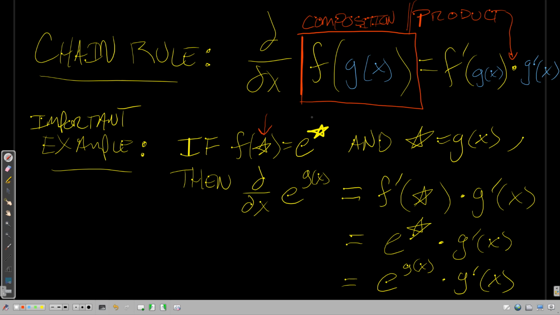So f is like the outer function because look, it's on the outside, and then g is like the inner function because look, it's on the inside. Then view that outer function f as being evaluated at just a symbol, like this star. And observe that that symbol star is this other function g of x, but we don't need to know that right now.